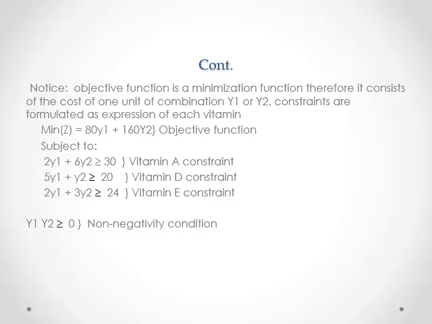Constraints are formulated as an expression of each vitamin. Respectively, the objective function is min z equals 80 y1 plus 160 y2. $80 and $160 are the cost of 1 unit of each combination respectively.